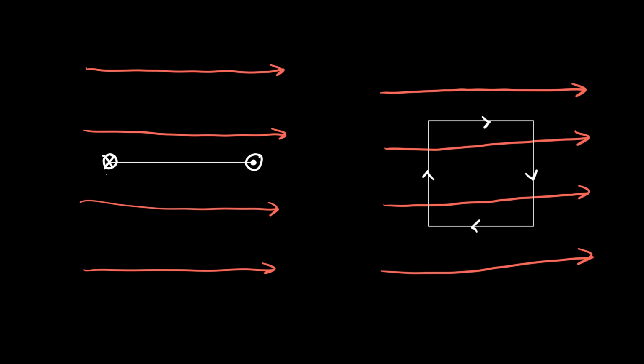So there's going to be a force downwards here, a force upwards here, a force into the board all along this portion of the wire, and a force out of the board all along this portion of the wire. Do you see how that's clearly going to cause a torque on this wire loop to get it to turn?